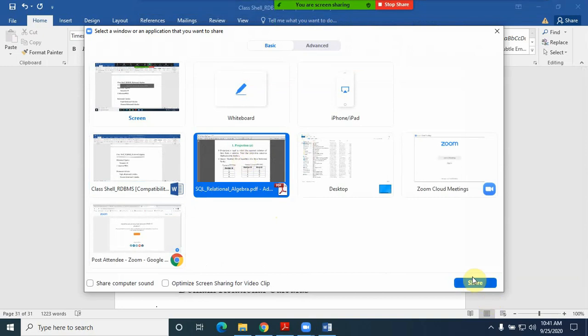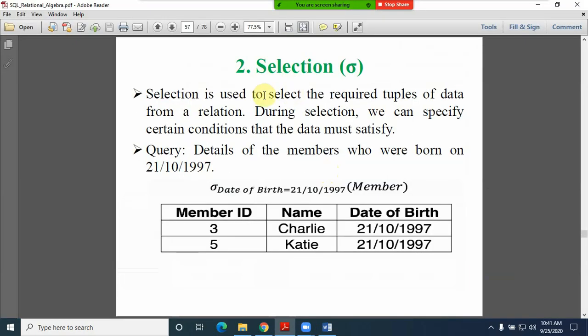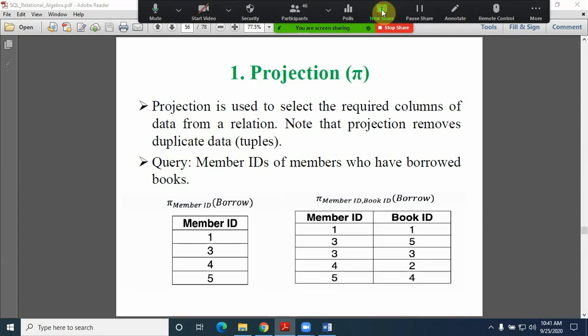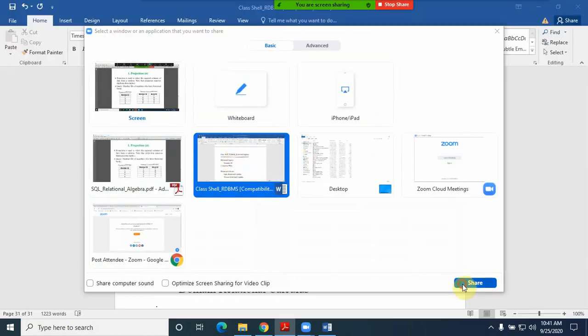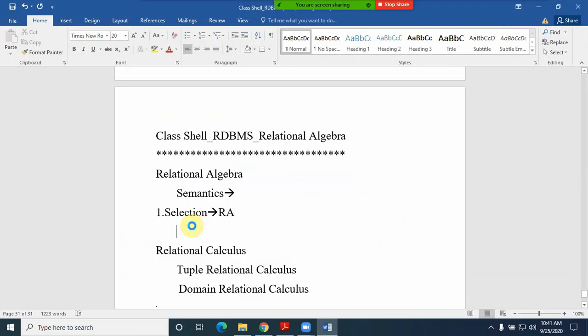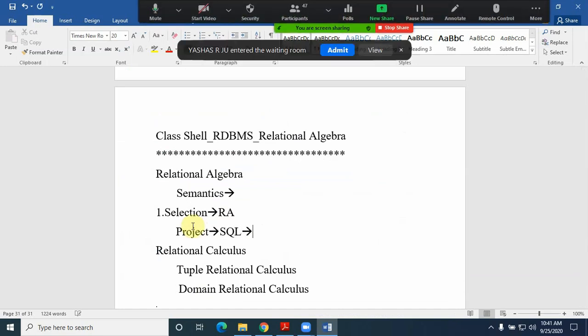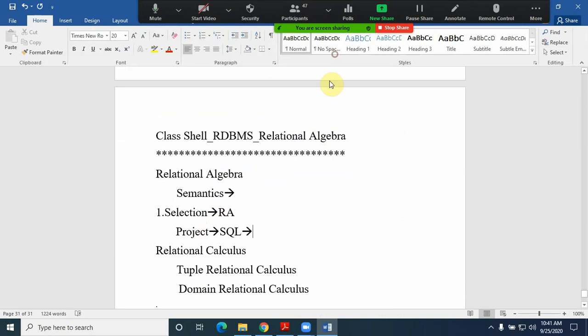So we are talking about the projection as well as the selection. First we mention the projection. Projection means whatever columns I have, only those particular columns I want to retrieve. So in case of SQL, how can we access that?